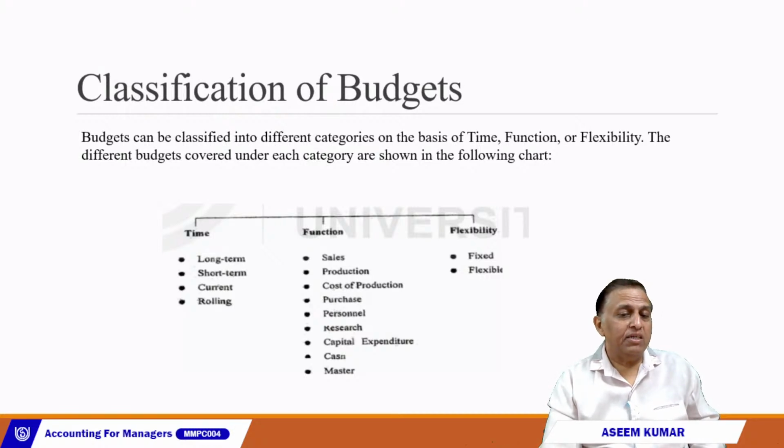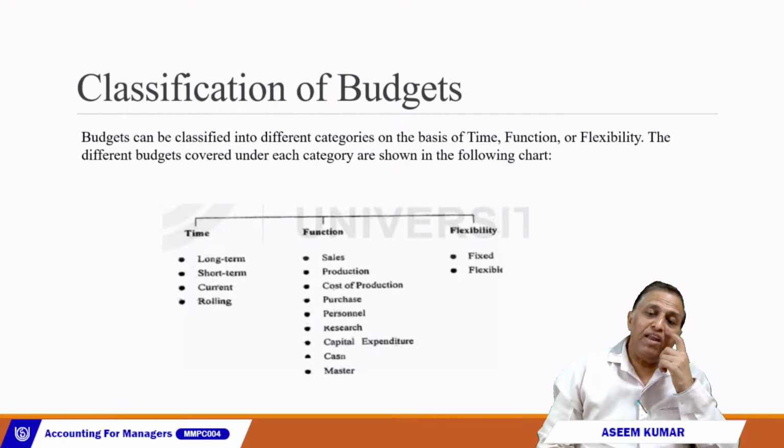Friends, master budget includes the entire functionality of the organization, be it sales, production, purchase, research, capital, cash. All the domains are covered in the master budget.